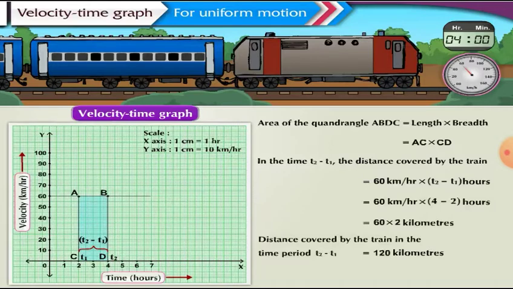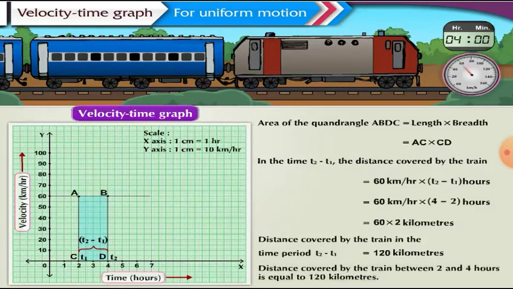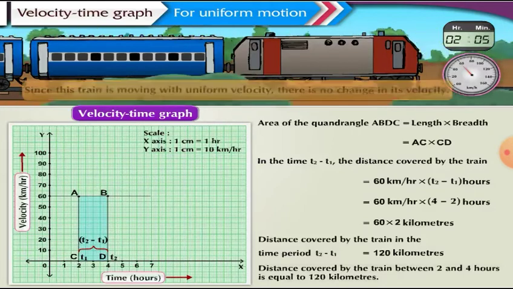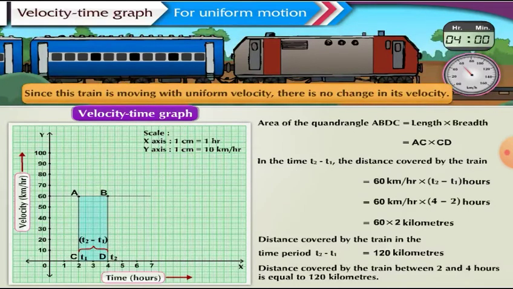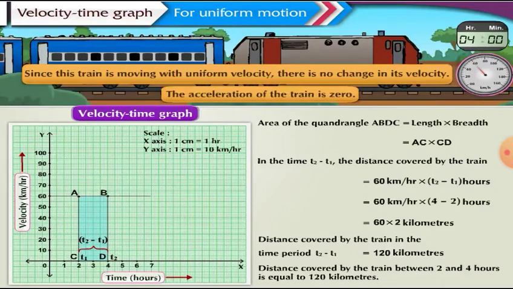That is, the distance covered by the train between 2 and 4 hours is equal to 120 kilometers. Since this train is moving with uniform velocity, there is no change in the velocity. Thus, the acceleration of the train is 0.